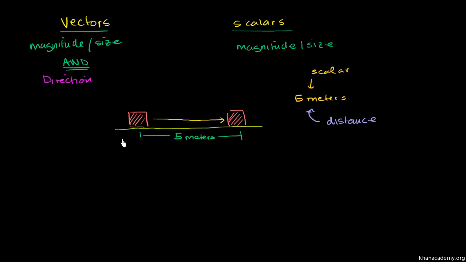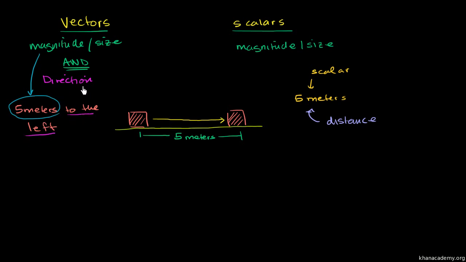If you want to specify that, we could say that this brick moved 5 meters to the left. Now we have specified a magnitude right over there, and we have specified a direction.